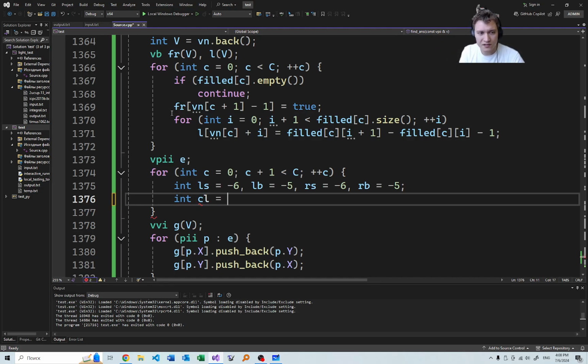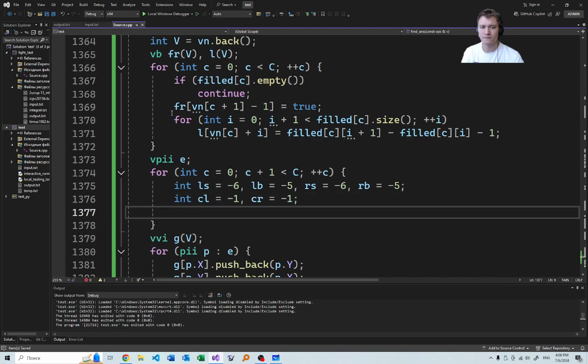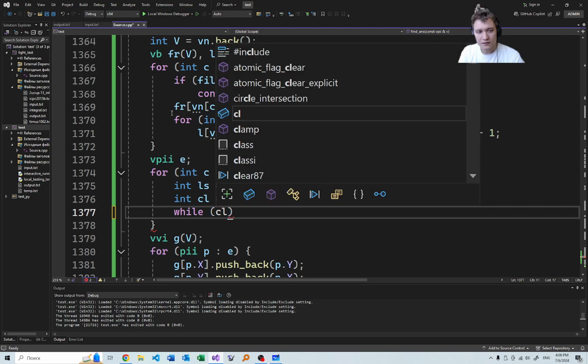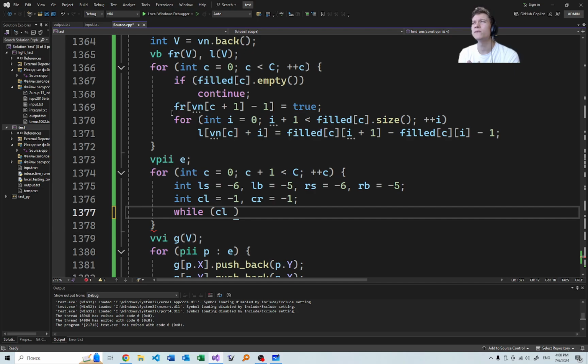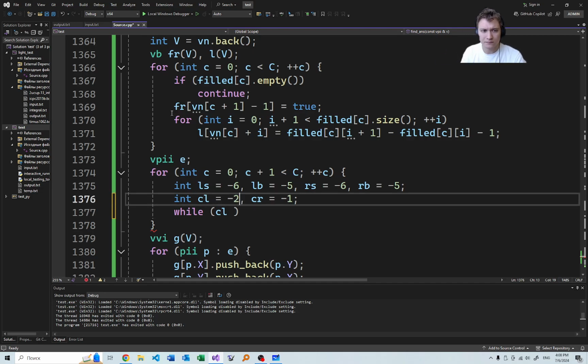Current left is -1 and current right is also -1. Now what do we do? While current left is... actually -2.